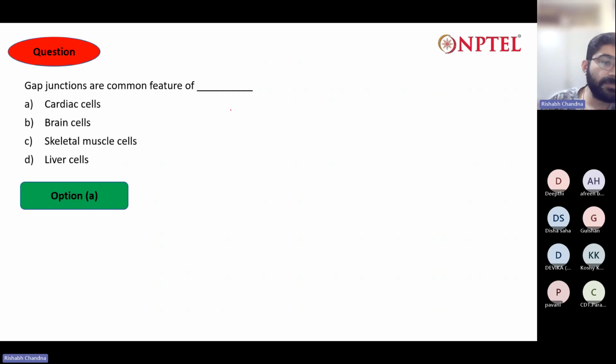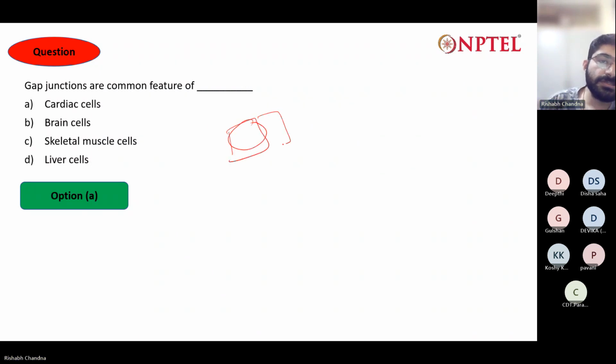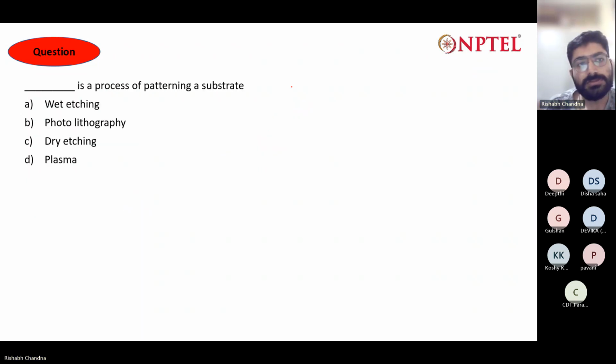When we talk about cardiac muscle cells, they are very tightly linked to each other by gap junctions, so that there is no flow of blood through the cells.